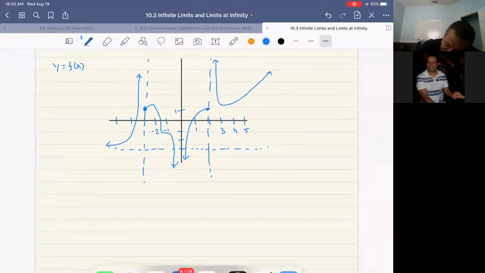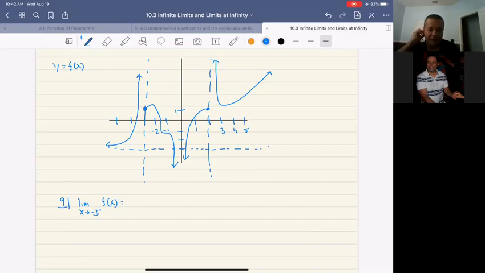Number 9 says, find the limit as x approaches -3 from the left of f of x. Okay, so -3, that's this x value. And what's happening as f of x comes there from the left? We're going up towards infinity.